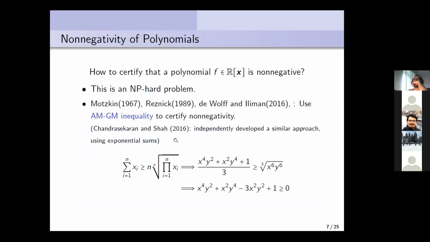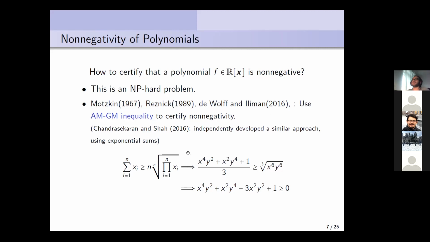I told you that one can use the AM-GM inequality to show that certain polynomials are non-negative. This kind of approach was first studied in detail by Reznick in his 1979 paper, and then it was generalized to a bigger class of polynomials called circuit polynomials by Wang and Ulmann in 2016.